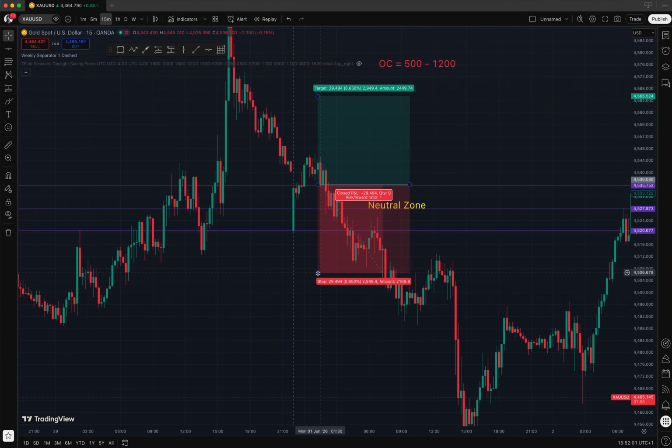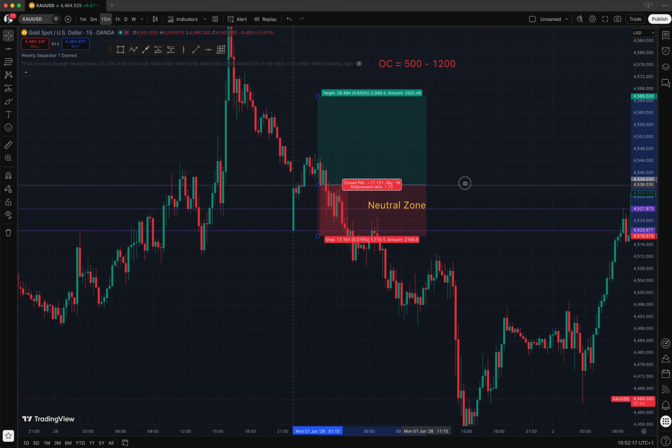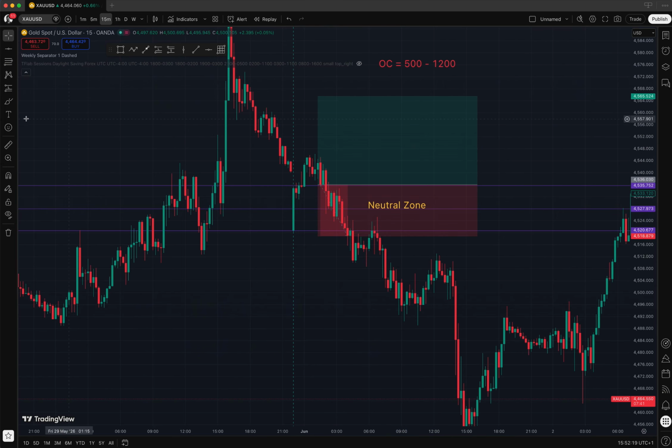For the stop loss it's really easy, it's just outside the box, in this case a little below the line. For the take profit, this is where it's technical. We take the size of the whole block, the neutral zone, and we project it once above.